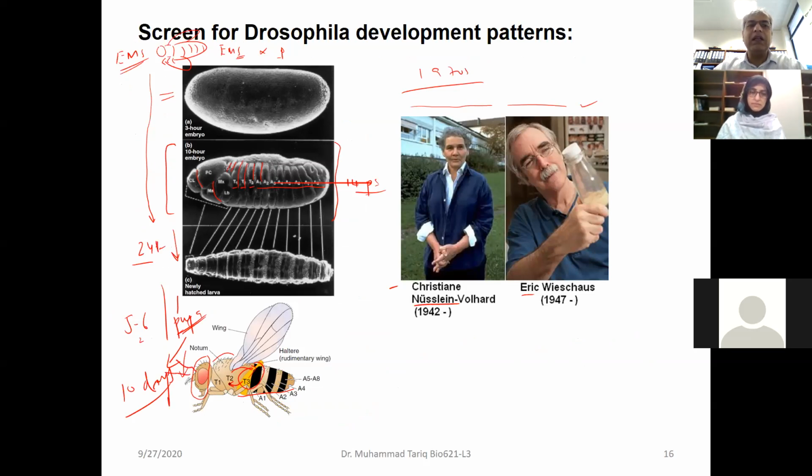Legs normally develop in the T2 segment, which means the head region has become T2. So the word homeotic is from homeosis. Homeosis means conversion of one body segment into another body segment.